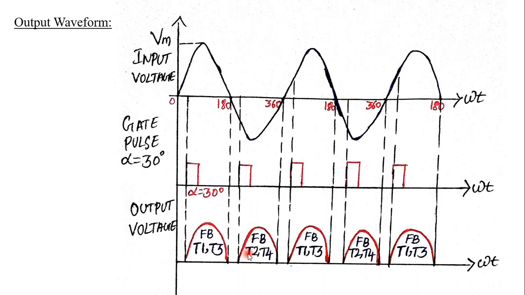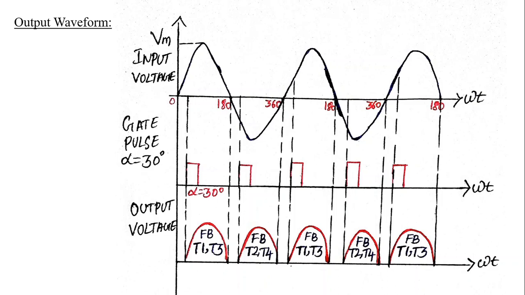In the negative half cycle, T2 and T4 switches are forward biased, so we again get the output. Again in the positive half cycle T1 and T3 are forward biased, so we get the output, and in the negative half cycle we also get the output. Here in all the half cycles we get the output. That's why this is called the full wave controlled rectifier.